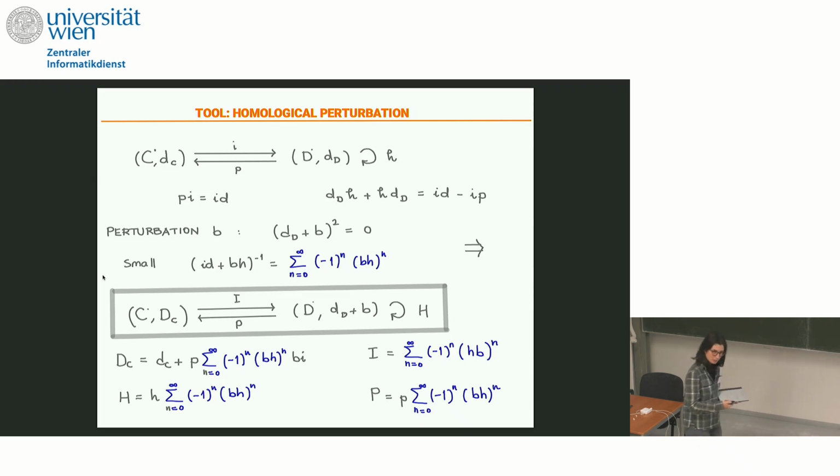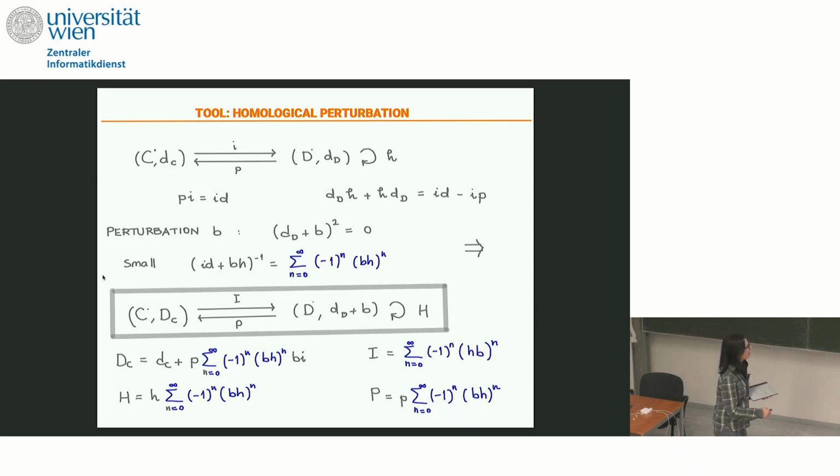So under this hypothesis, what you get is a new retract. You see everything is deformed, changed. We have a new differential, new injection and projection, the differential that I perturbed here by B, and a new homotopy. This is the homological perturbation lemma.